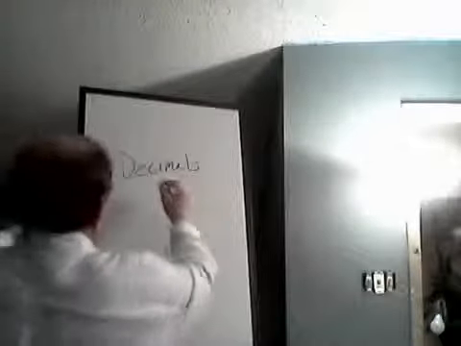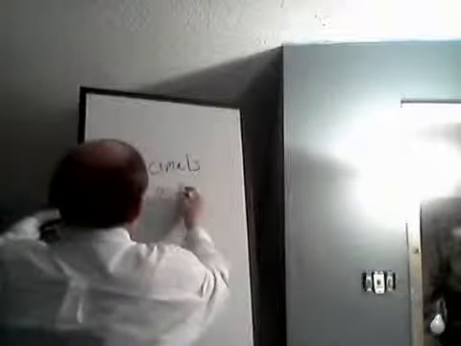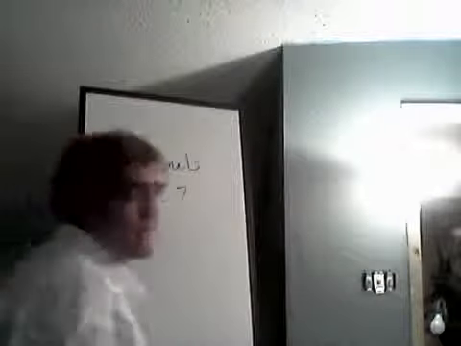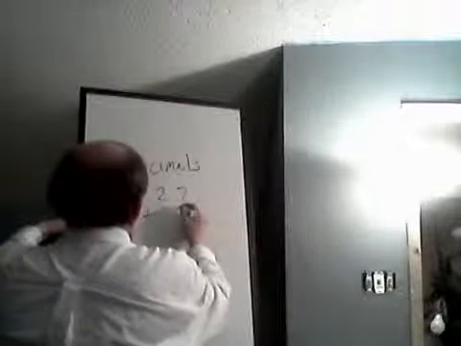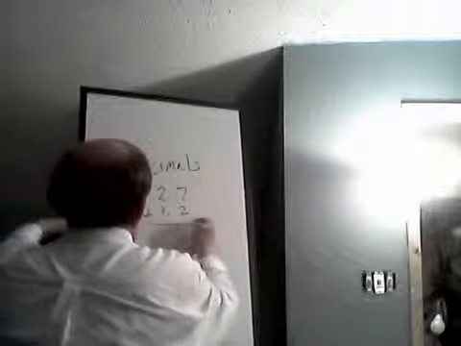Let's say I'm going to take a decimal like this. Let's say the decimal is 2.7, right? 2.7, or 2 7/10. Let's say I want to add 1.2 to 2.7.